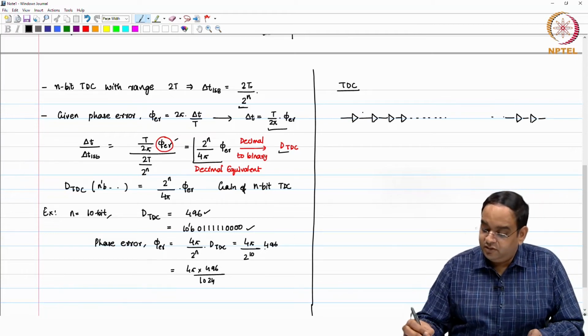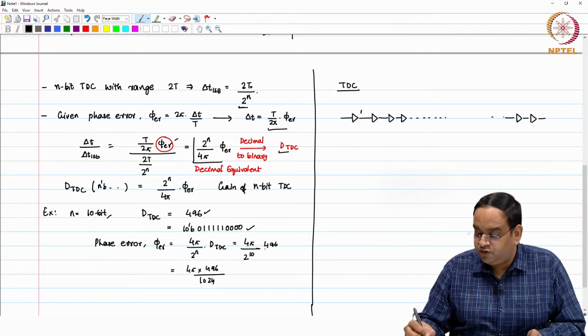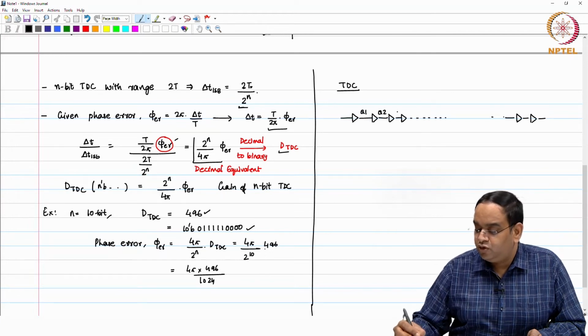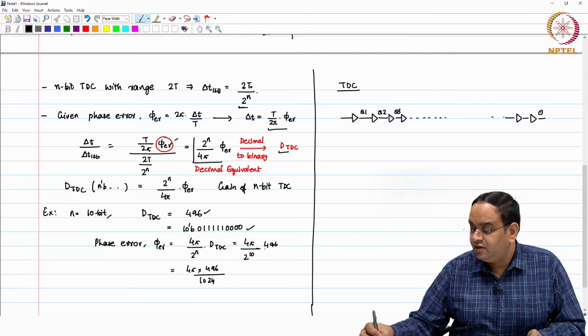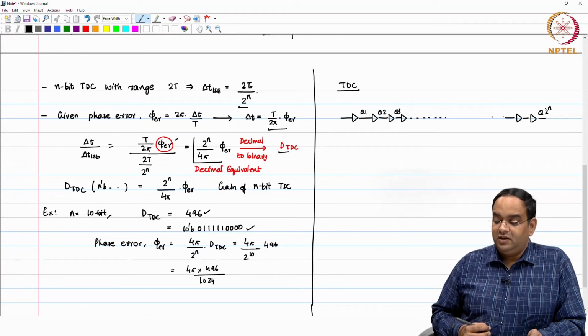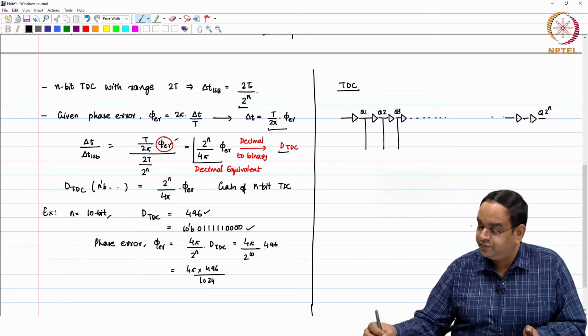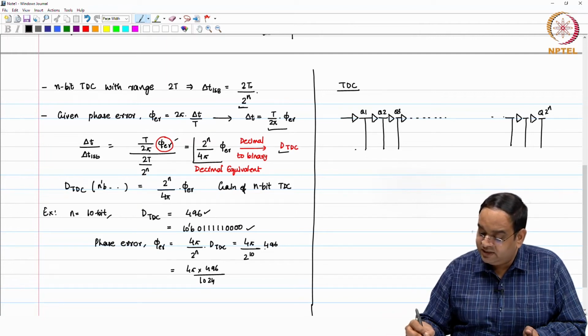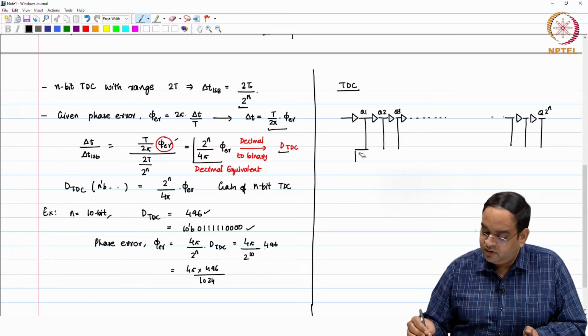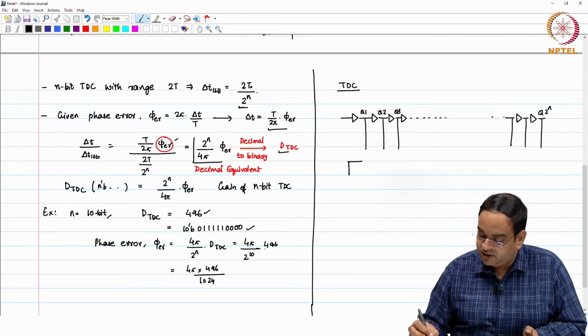I will name these nodes Q1, Q2, Q3 and so on, up to Q 2 power n. All these are delay cells, and these outputs are fed to registers. Let me make a single one and then copy paste.